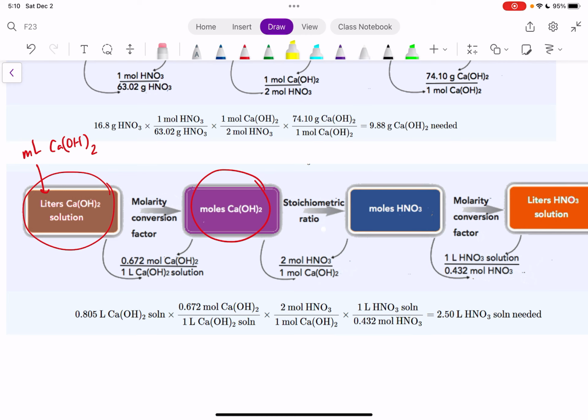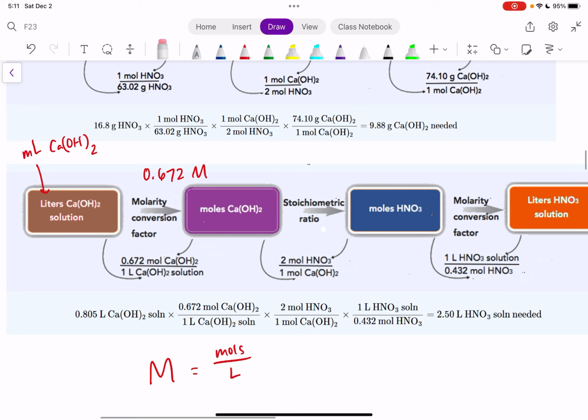So our next step, after we get to liters of calcium hydroxide, is to get to moles of calcium hydroxide. And to do that, we have to use molarity as our conversion factor. We were given the molarity, which was 0.672 molar calcium hydroxide. And remember, anytime we have molarity, we can think of it as big M equals moles over liters.